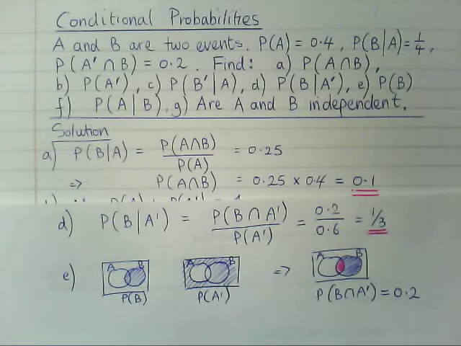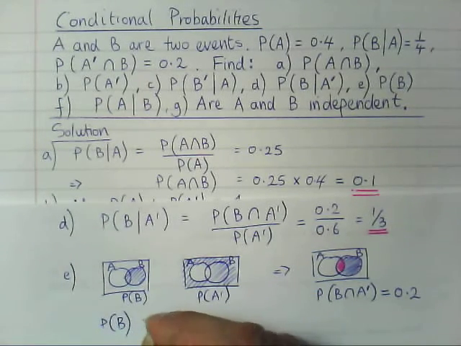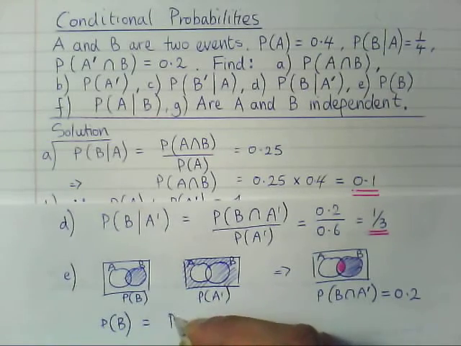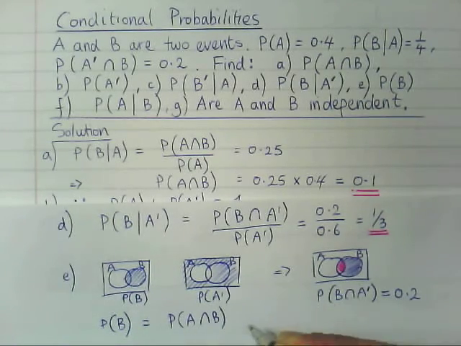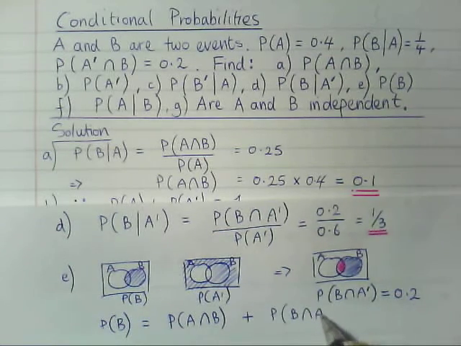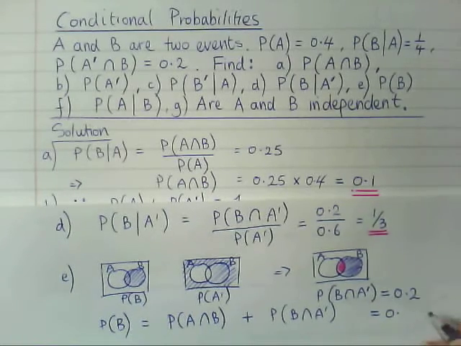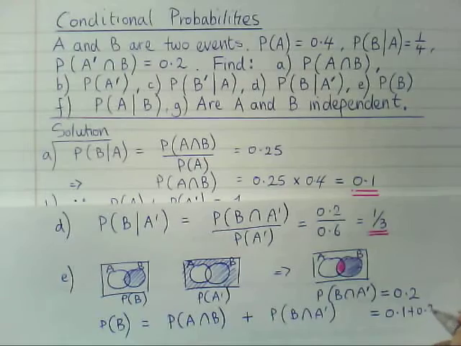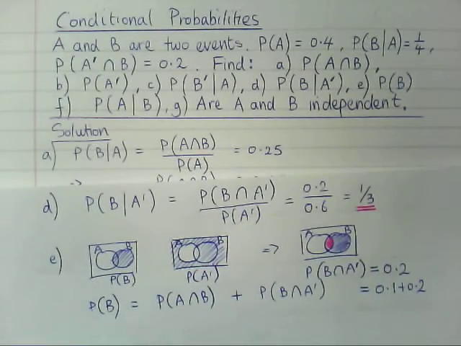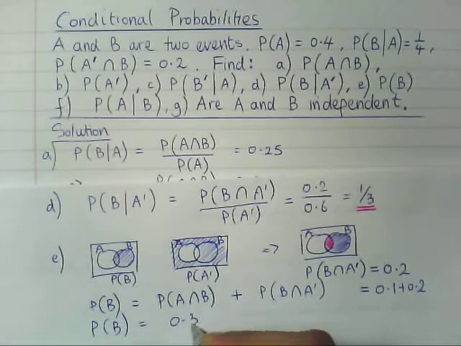So if we add these two values together, then we can find the probability of B. So in set notation, the probability of B equals 0.3.